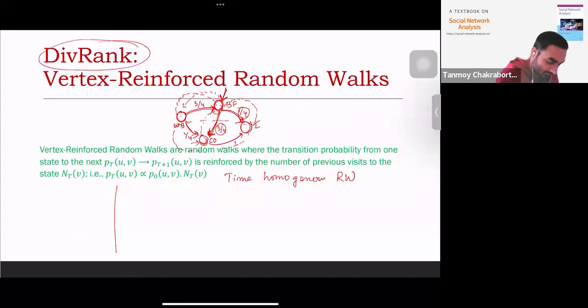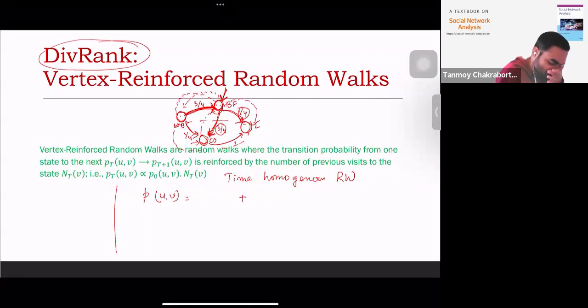Now, this transition probability from node U to node V, how do we define it in PageRank? So let's say this is the probability of moving from U to V. The probability of moving from U to V is determined by two factors.